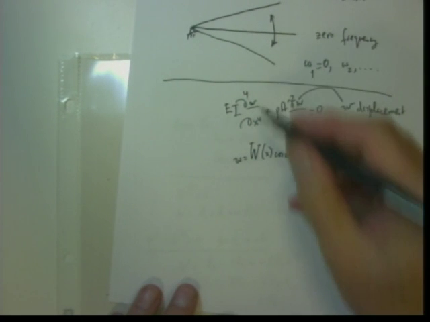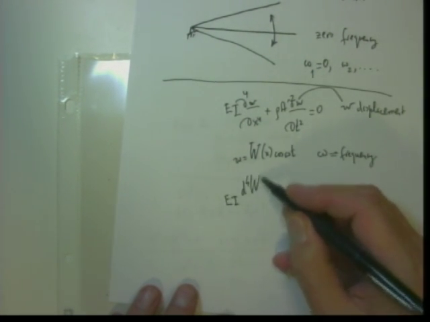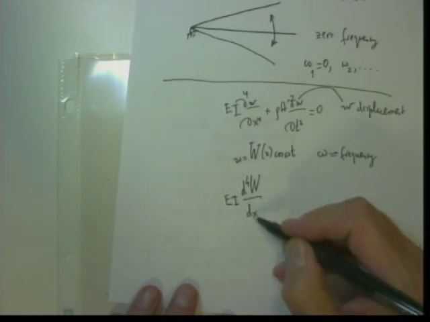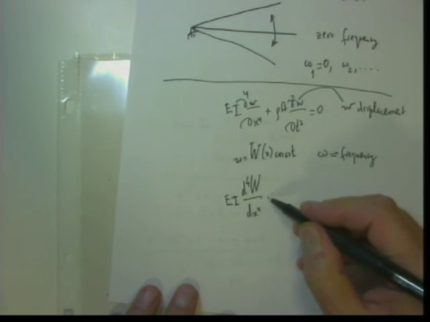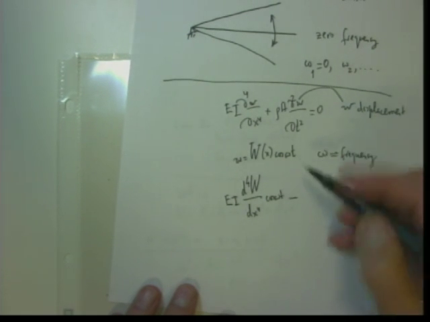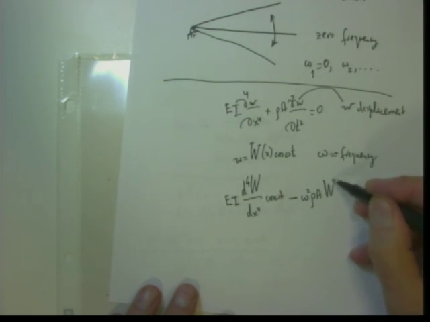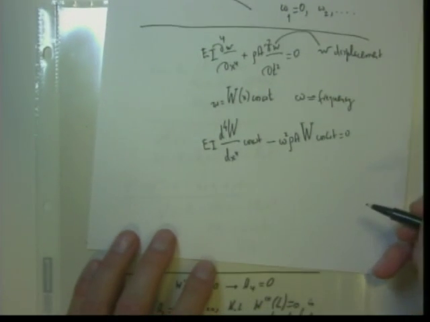Then we substitute this back, we get EI, fourth derivative of capital W with respect to x, times cosine omega t, minus, when I differentiate with time, it will be omega squared, then rho A, W, cosine omega t. This equals 0.